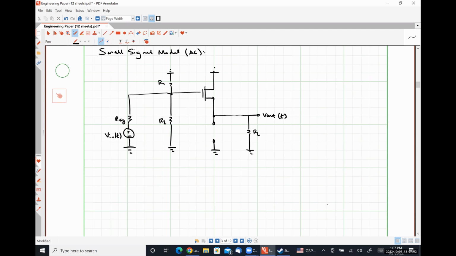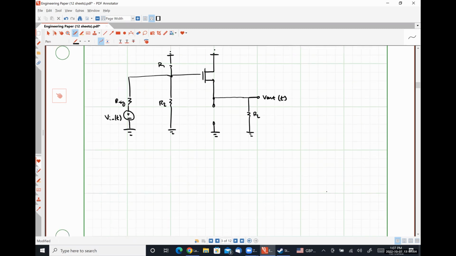So using the actual small signal model for the transistor, we should have something that looks like this. There is our input signal and any signal resistance that our source actually supplies.